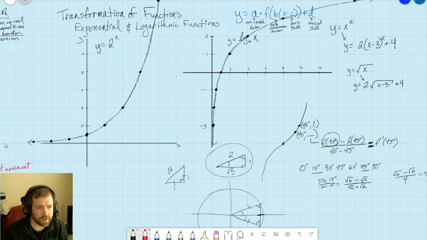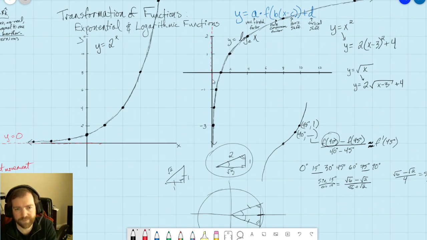Alright, then we also have our asymptotes going like this. This one is y equals 0. And here, this one is x equals 0.